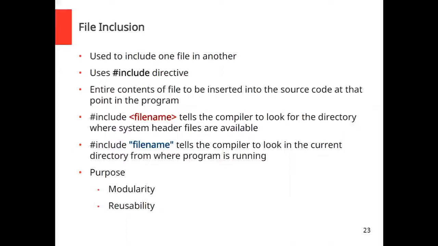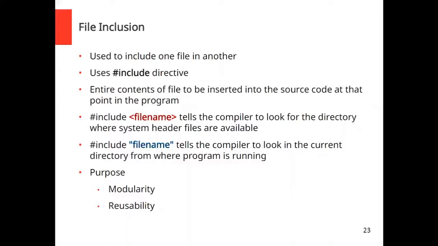So what is the use of hash include? Hash include is used in two different cases. If we have a very large program, the code can be maintained in different files based on their functionality.